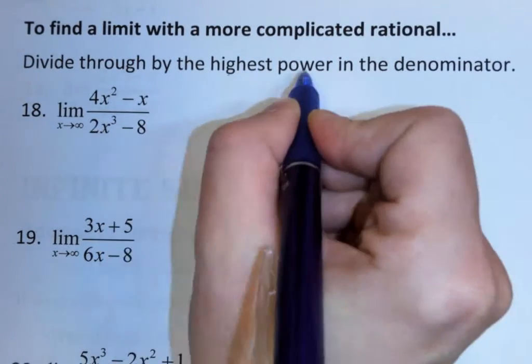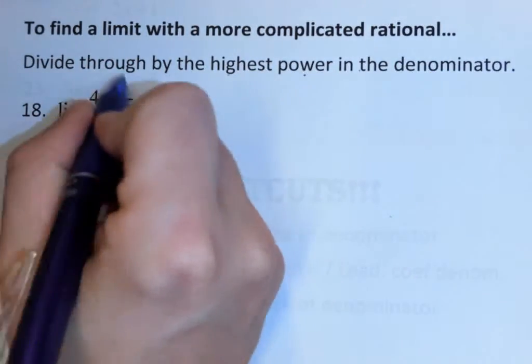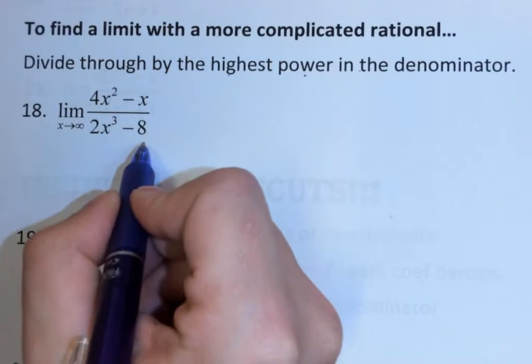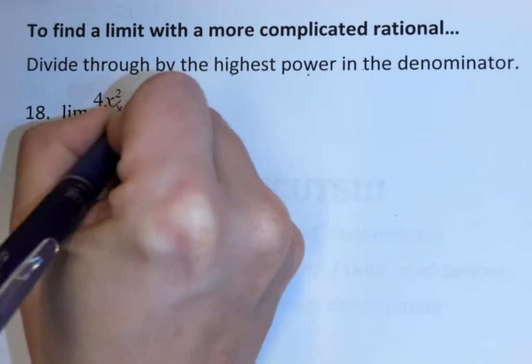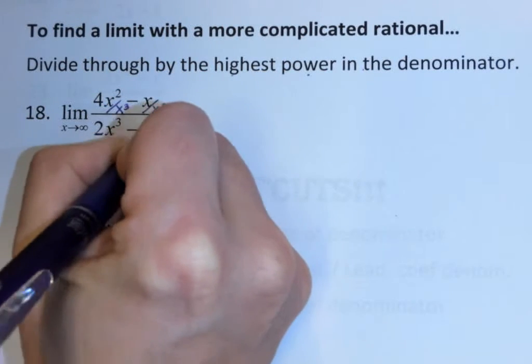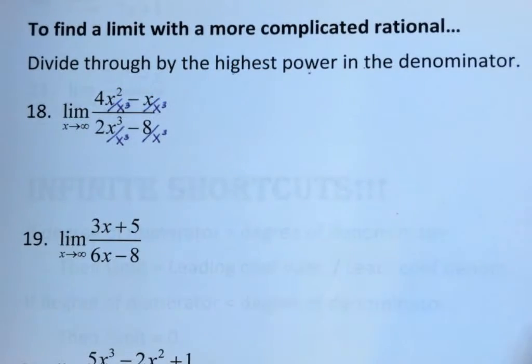You look at the highest power in the denominator. So what is the highest power in the denominator? Cubed. And what we're going to do is divide everything through by x cubed. Okay?